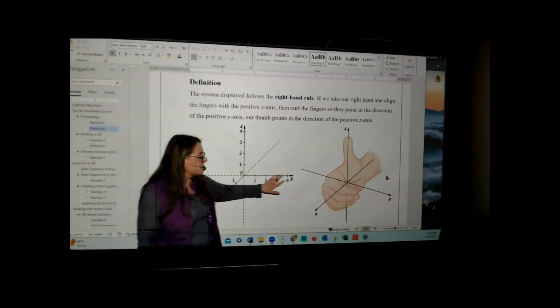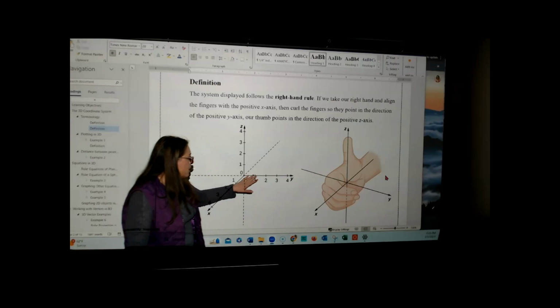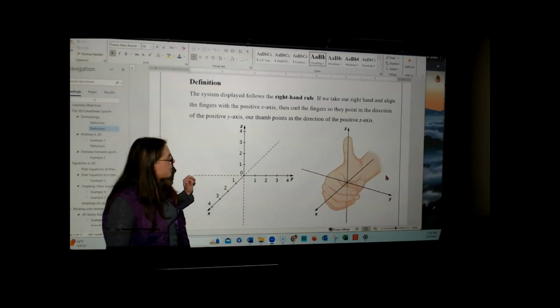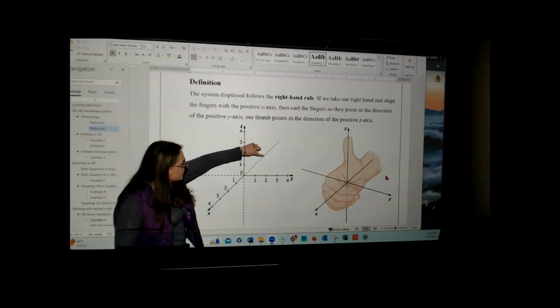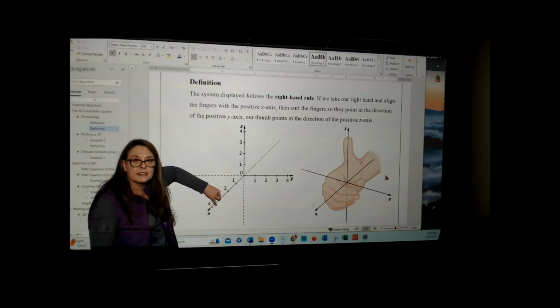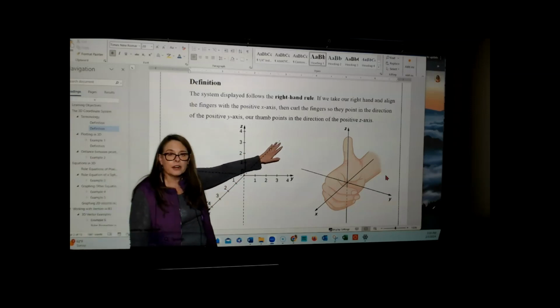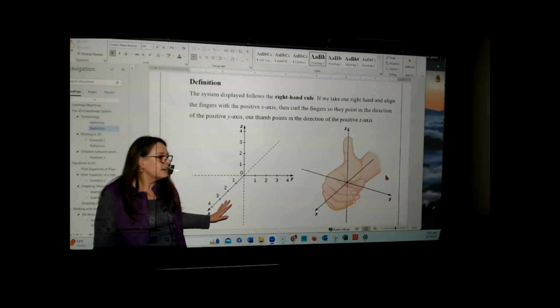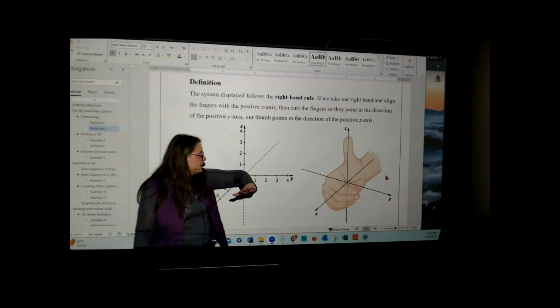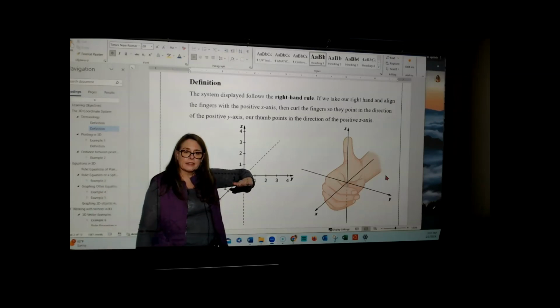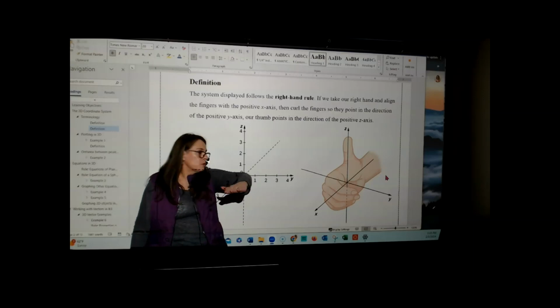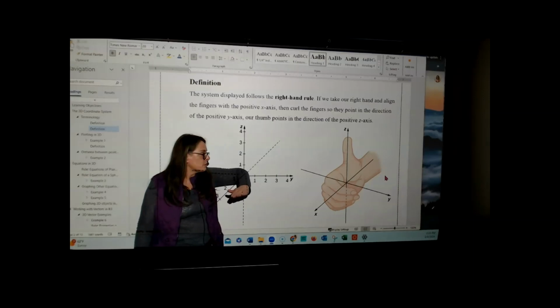Now it's drawn the x-axis sort of at a diagonal angle as if it were cutting quadrants 1 and 3 in half. It's not. It's coming directly out of the board like this. So it's coming straight towards you and then straight back into the screen.